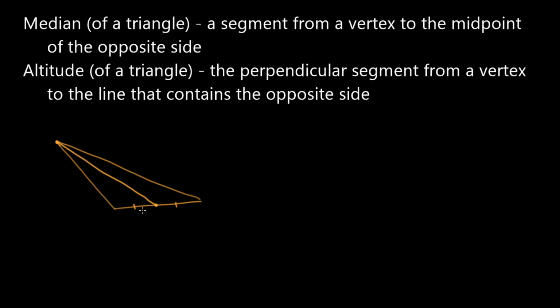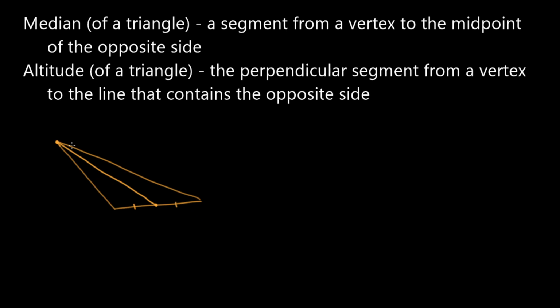So this would be my median here, and it has this property that it can have any angle with this opposite side, just as long as it goes through its midpoint and then goes through the opposite vertex. So really it's a segment that connects 2 points together and has nothing to do with the angles that are created.